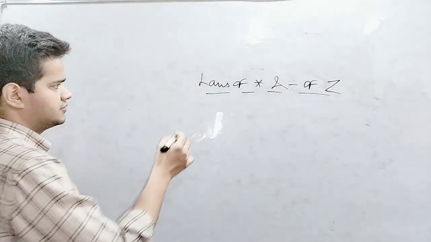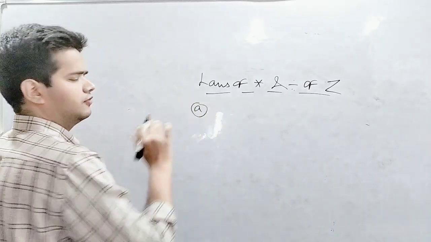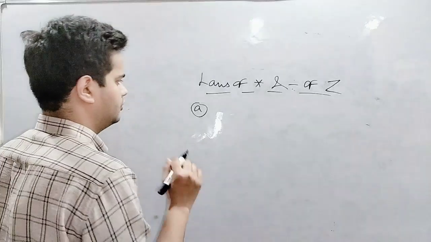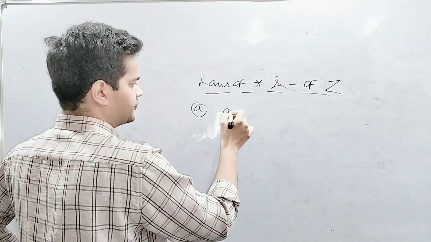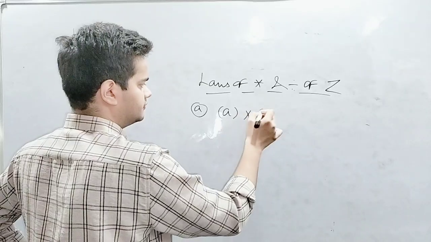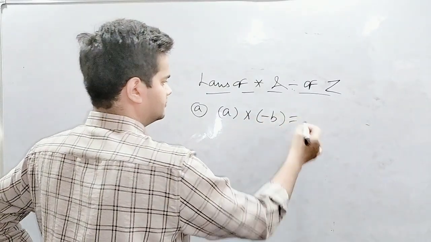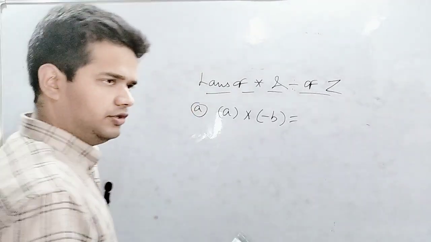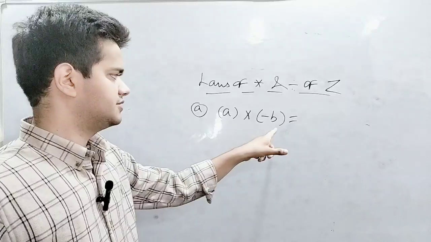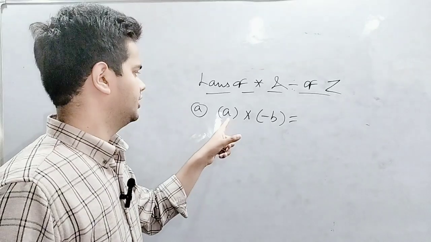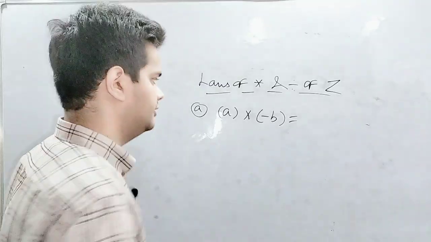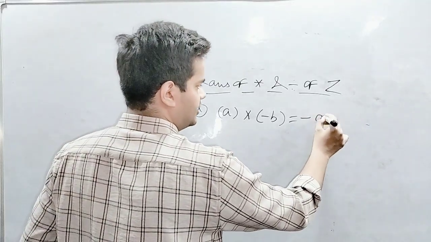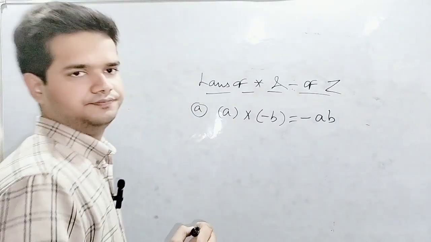So the first law, and the law is similar for both multiplication and division. If I multiply two integers and the signs are not similar, one is positive and one is negative, then whatever the answer is, it will come in minus.